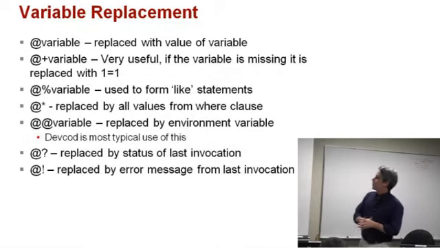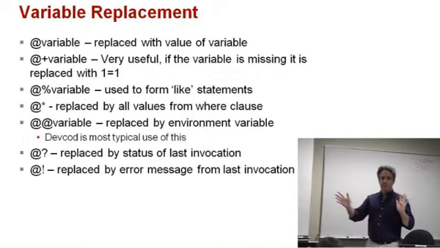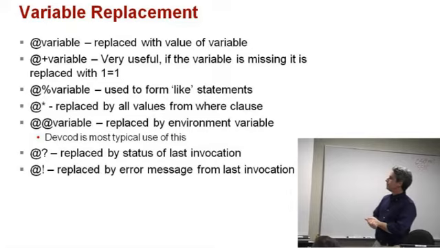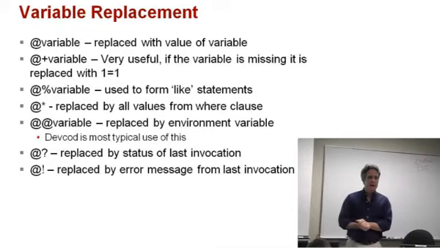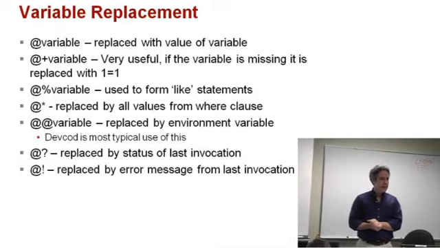Variable replacement. The most common thing to do is @variable name. The next most common thing is @+variable. This is very useful if you don't know whether data is going to be missing or not, so you can just go if @+. It's also a very nice little shortcut.